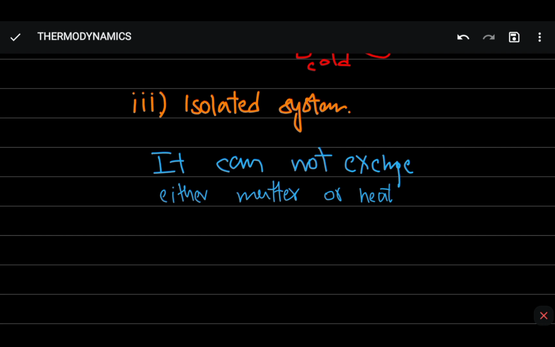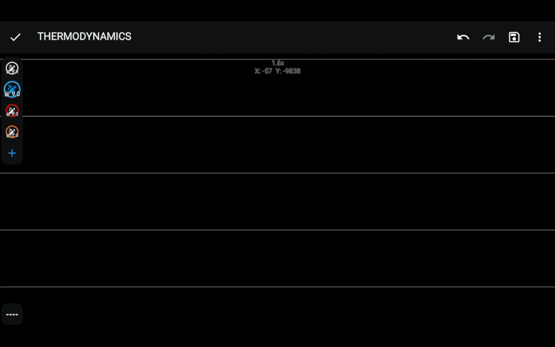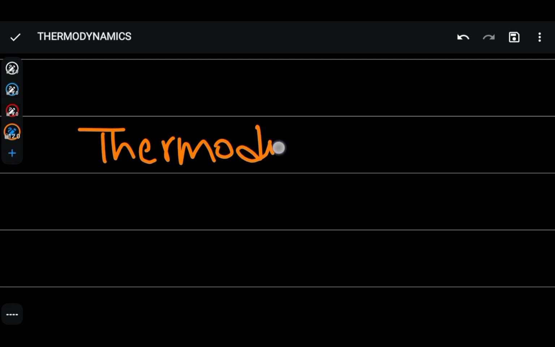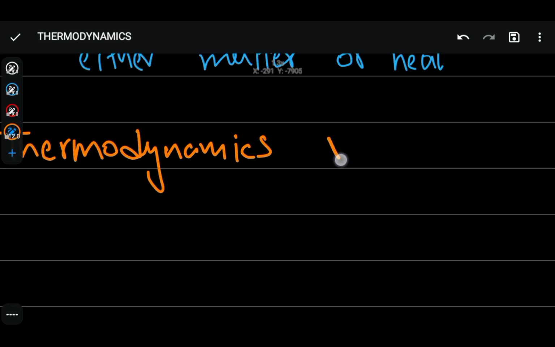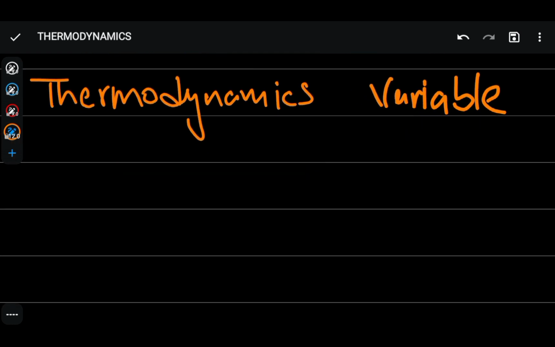Now towards, I think, the second last or the last term of today, which is thermodynamic variables. Thermodynamics, it's one of the important terms. So what are thermodynamic variables?